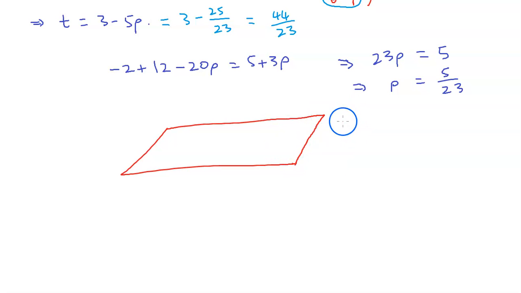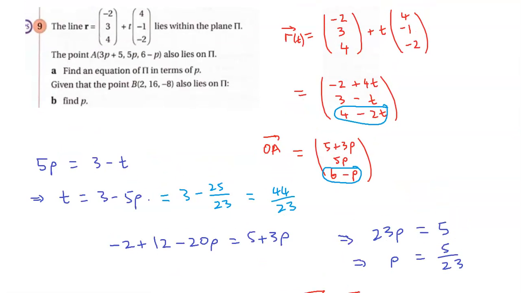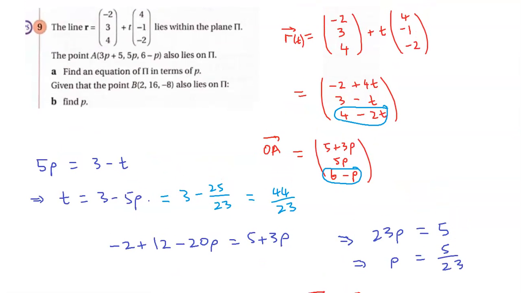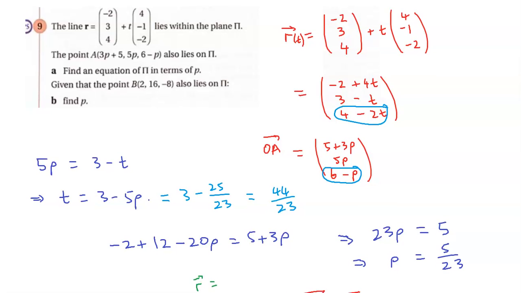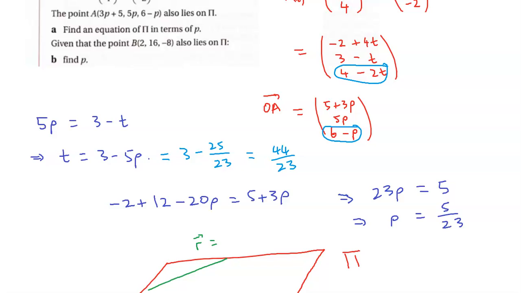So we got our plane pi, and we got our line r, which is equal to (-2, 3, 4) plus t times (4, -1, -2).